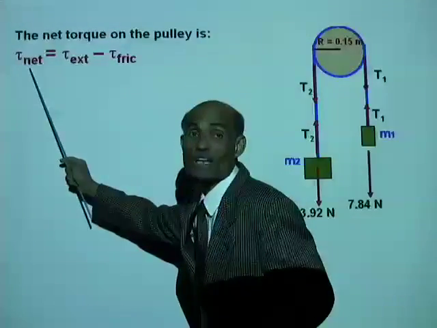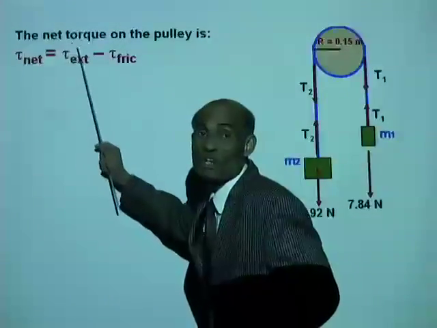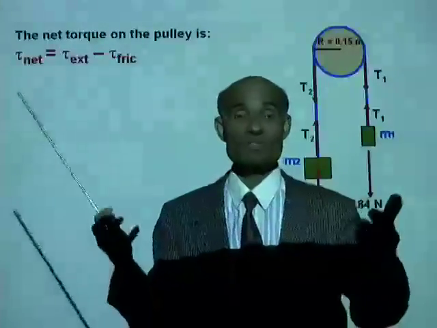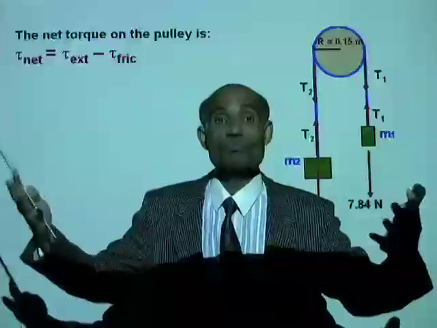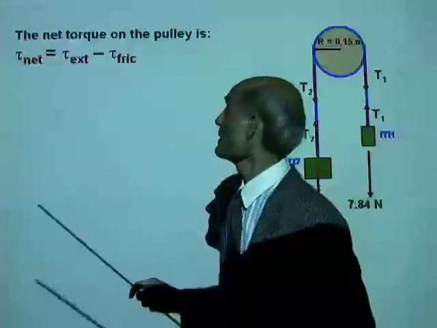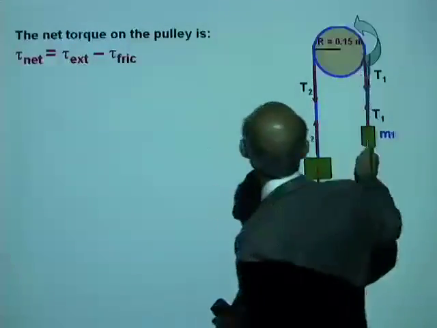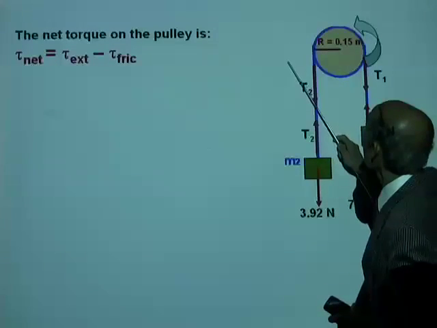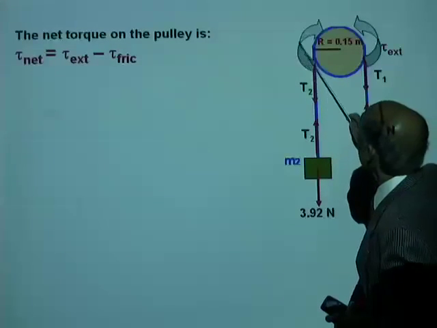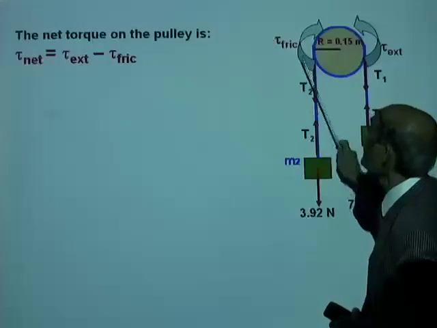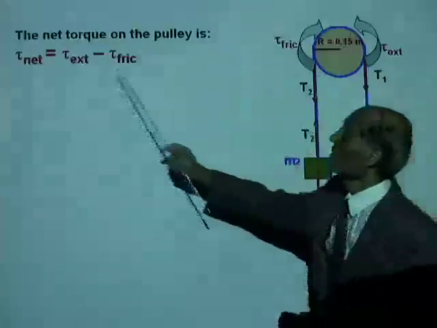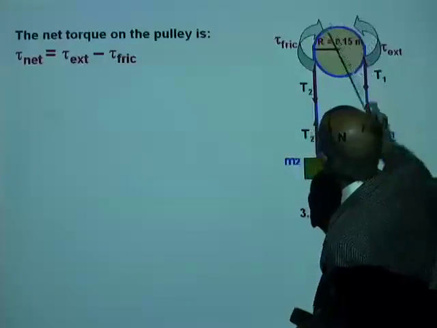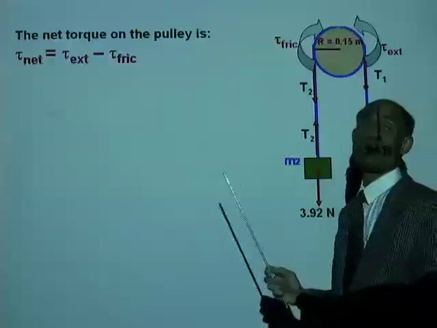The net torque, tau net, is external torque minus the frictional torque, because the frictional torque always opposes motion. This is the external torque in the counterclockwise direction, and this is the frictional torque in the opposite direction.